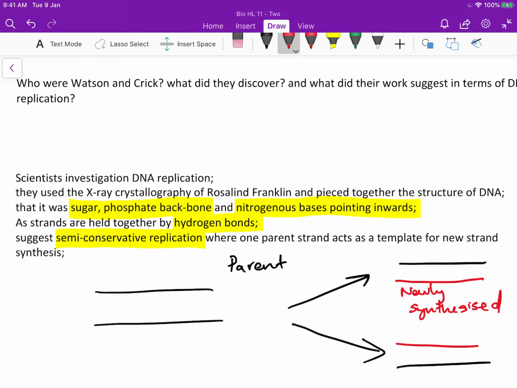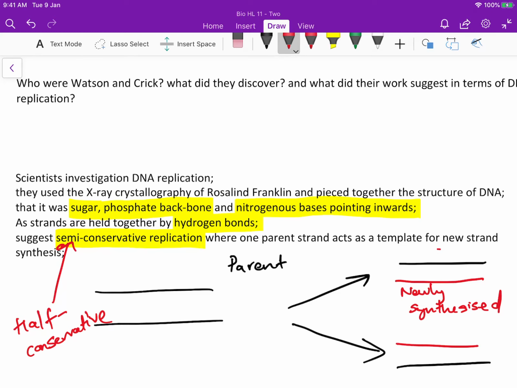And that means it's semi, half conservative. Conserve means to keep, so it's half keeping. It's keeping half the original, and it's adding one new strand in.